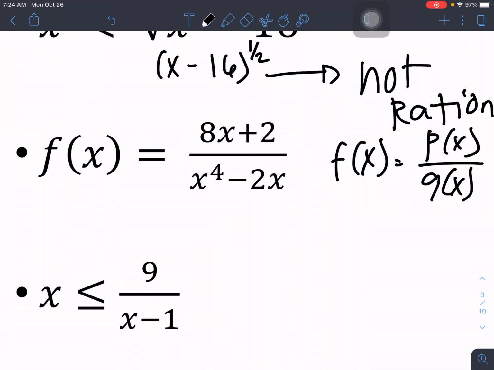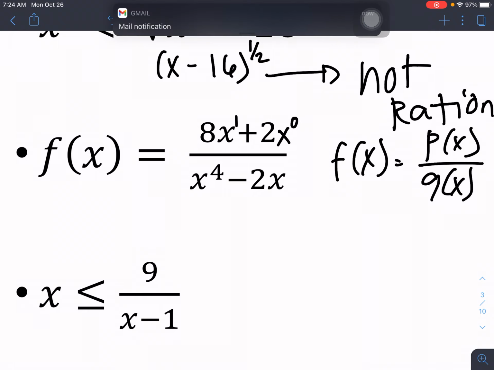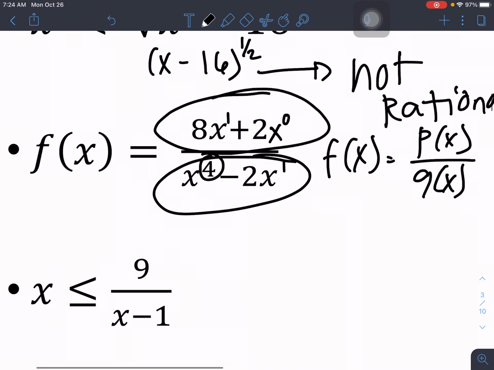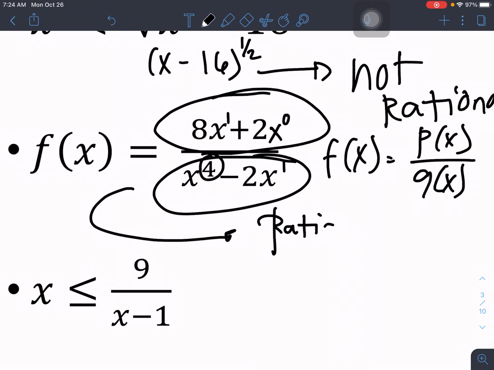The exponent of x in the first term is 1, and in the second term is 0, so this is a polynomial. The exponent of x in the first term is 4 and in the second term is 1, so this is also a polynomial, thus this expression is a rational function.